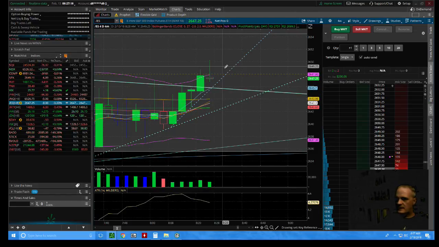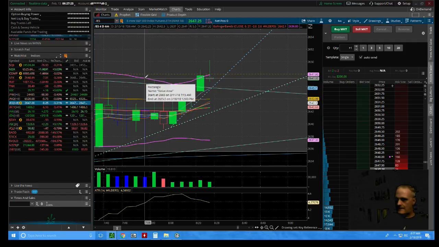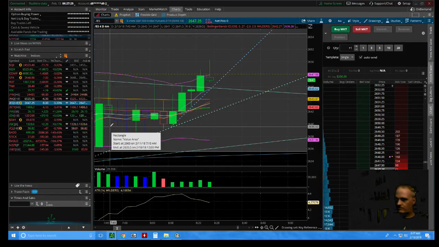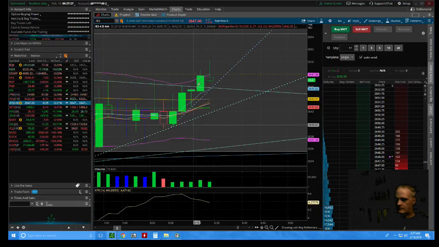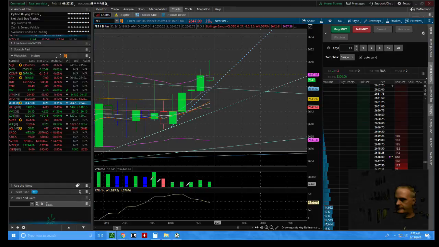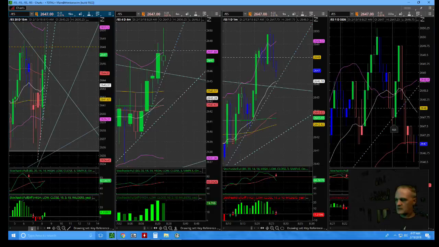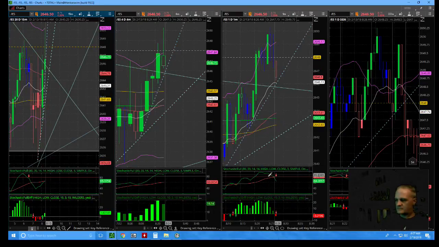So I have a primary and secondary trend line support. So a pullback here would be buyable. But I don't know, because I'm seeing this.